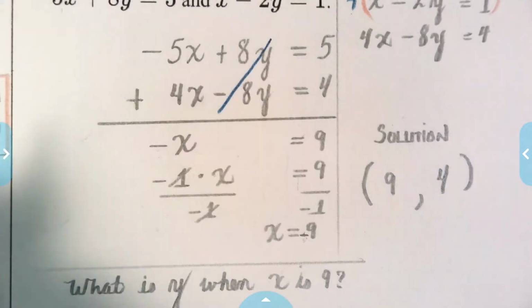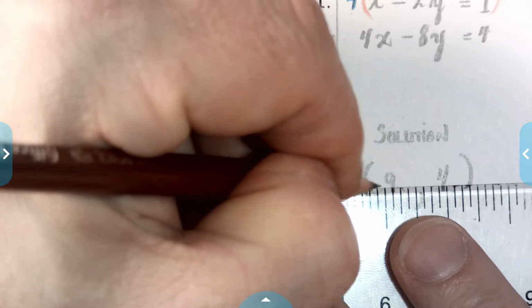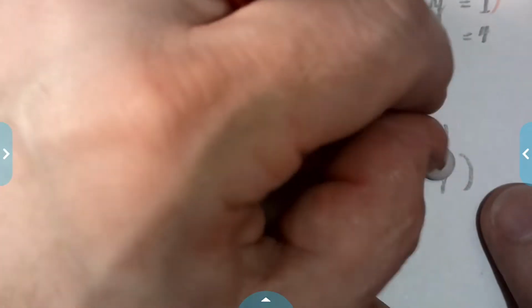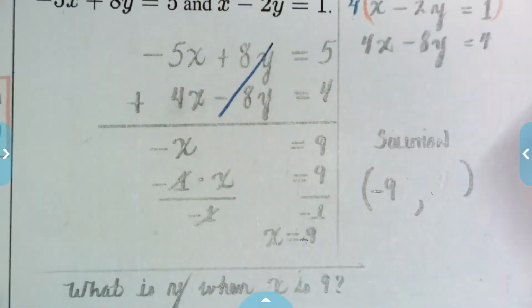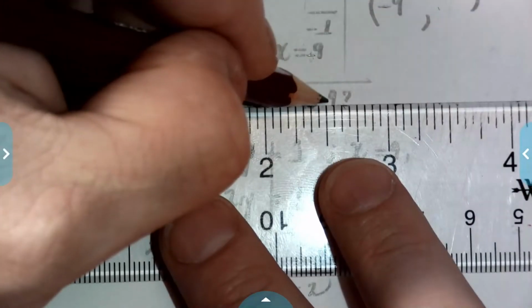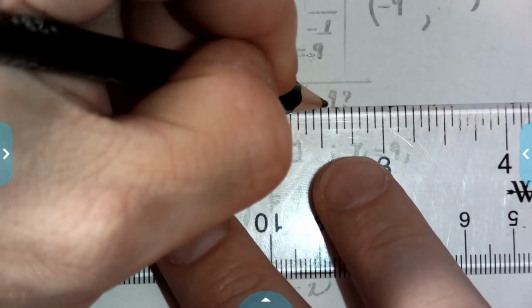I don't know why I did that. It was a mistake. So we're just going to need to reevaluate at x equals negative 9. We'll see what the y value is. This shouldn't be too bad to correct. So what is y when x is negative 9 is the correct question, not positive 9.